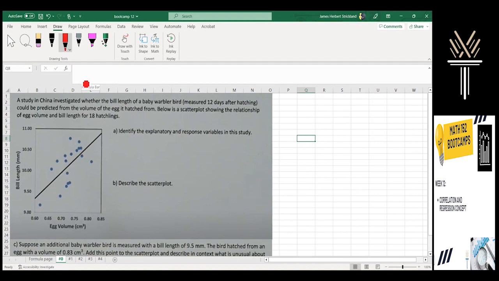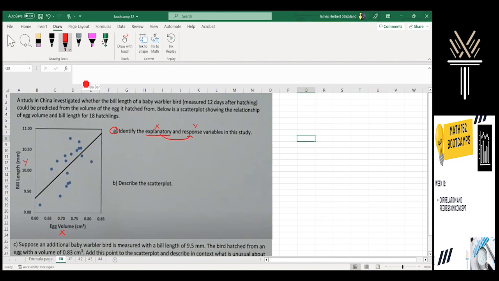Okay. Some throwback to test 1 in some terms. The explanatory is, of course, what we're trying to use to explain something else. So we're hoping that this can explain a response. In other words, this is our X, and this is our Y. And for those who may not remember from high school, X goes on the bottom, Y always goes on the side.